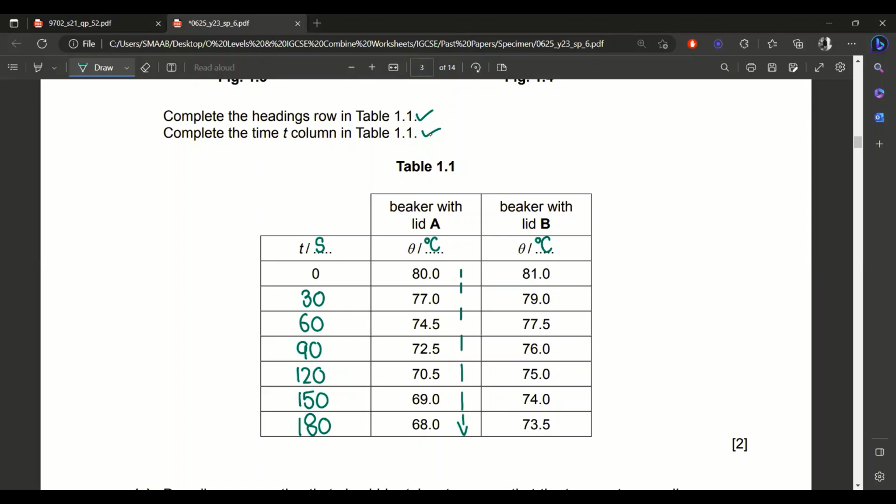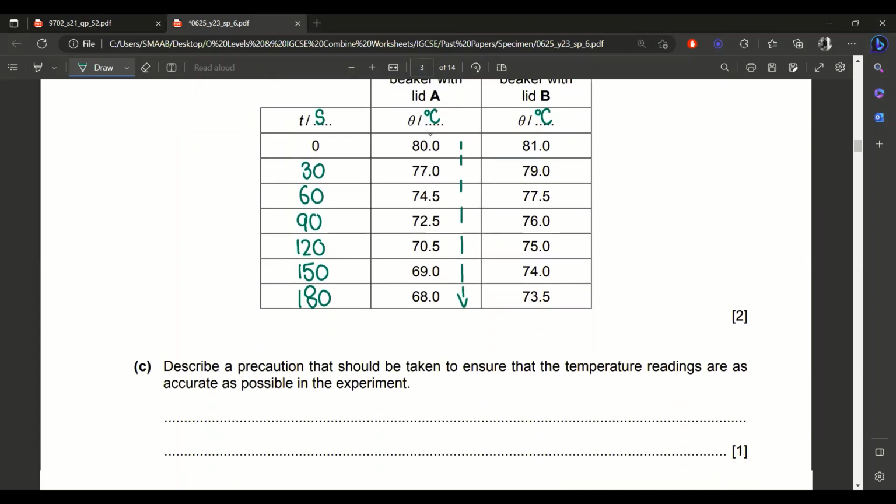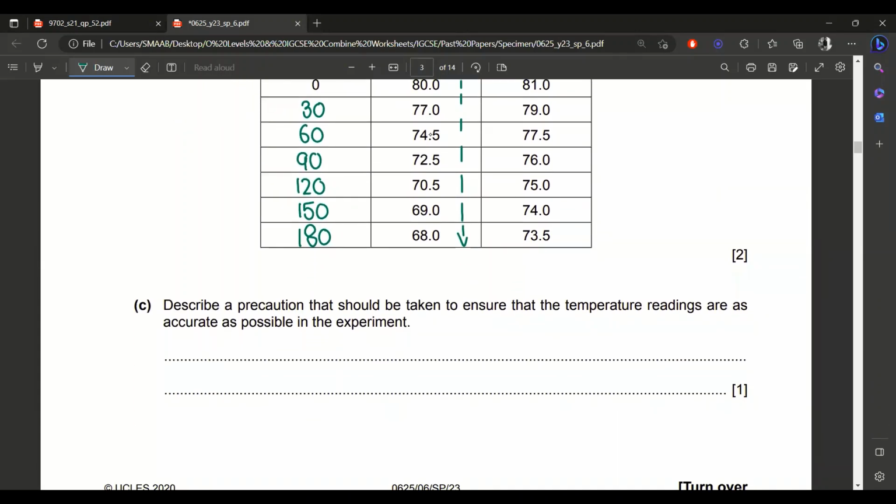So when we are recording the values, we have to be very careful when we are taking the reading. We have to wait until the temperature is going to decrease or increase. Second, when we are recording the value from the thermometer, we have to avoid parallax error.